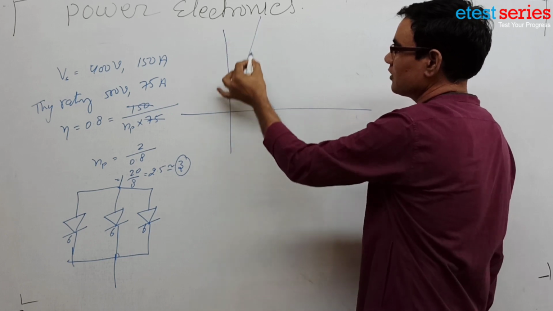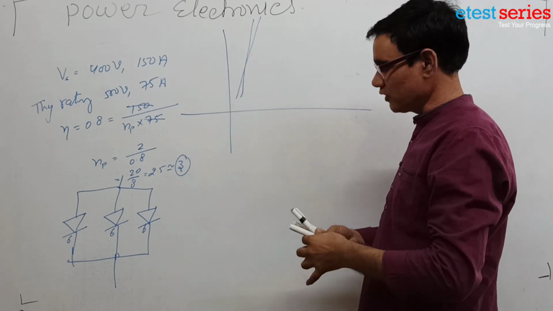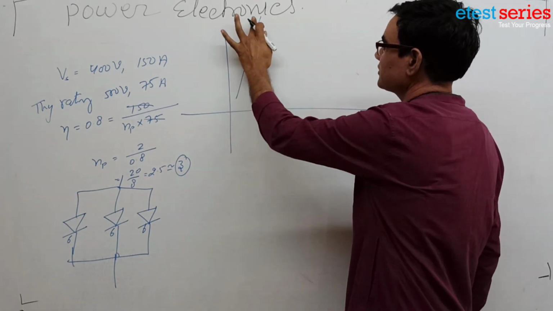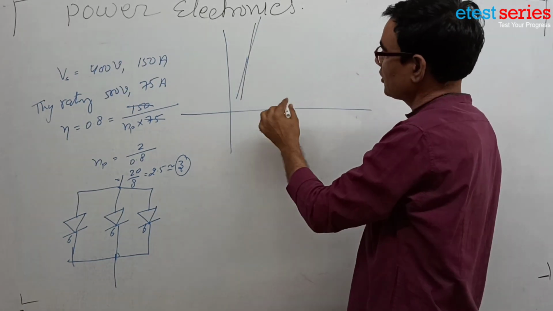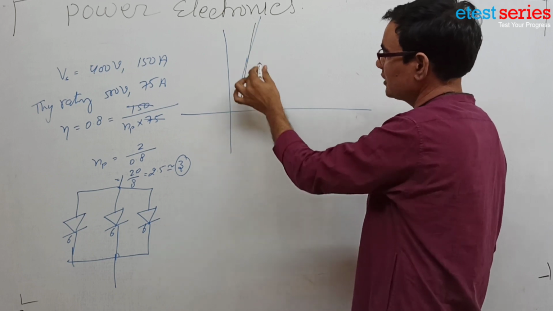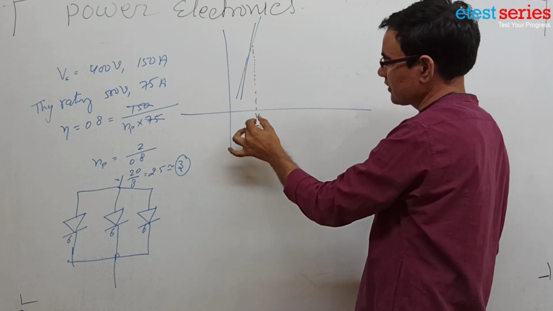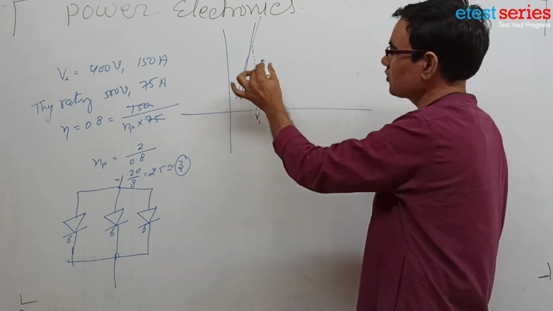When we are talking about the parallel operation, consider the characteristics of two different SCRs. This is the one and this is the second one. When we are operating in parallel, their voltages are equal. So their voltage is V1, that is the source voltage or load voltage.